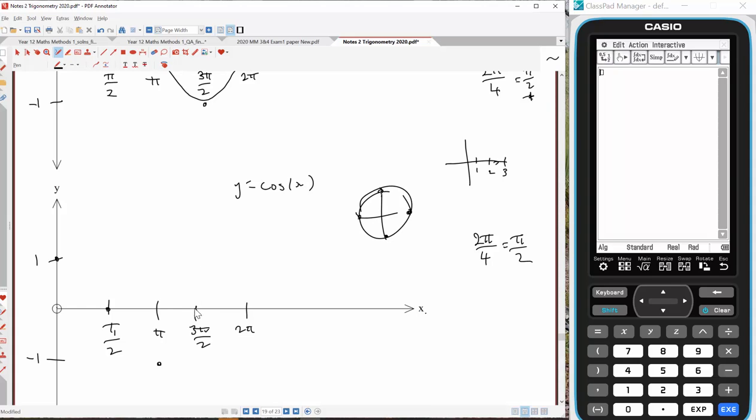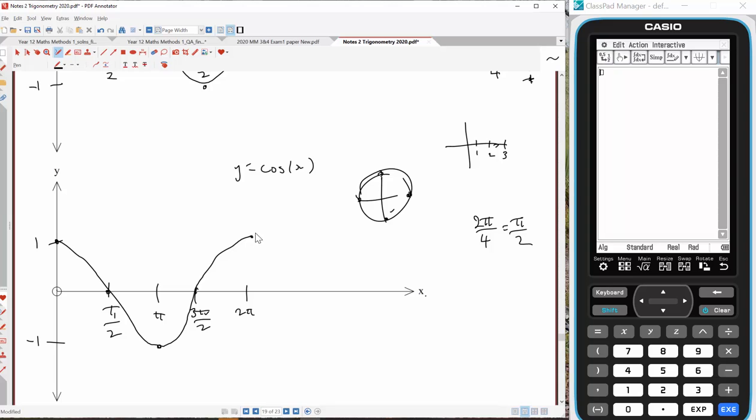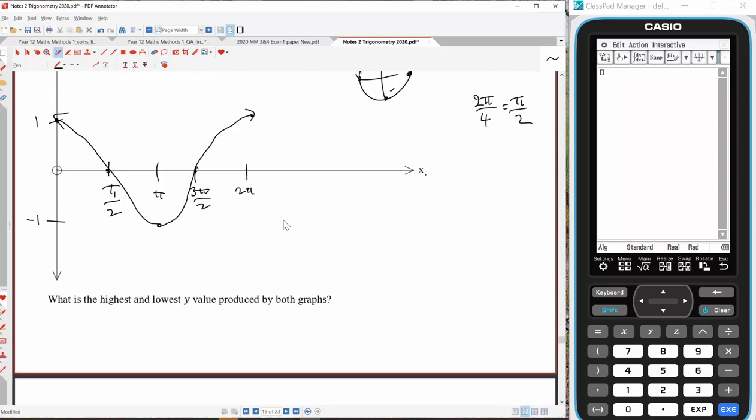Back to 0 again, and back to 1, up to there. We get that particular graph, noting that it continues indefinitely for all values of x.